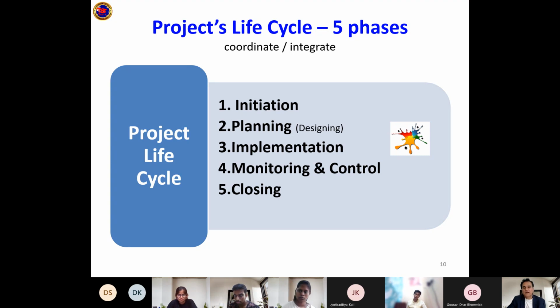Very good. Now the planning stage, who wants to give an example connecting the planning part of the aquaponic project? What will you do? Yeah, go ahead.